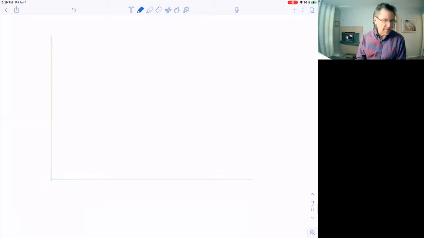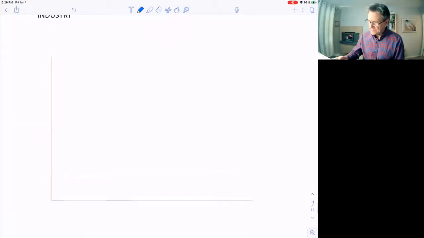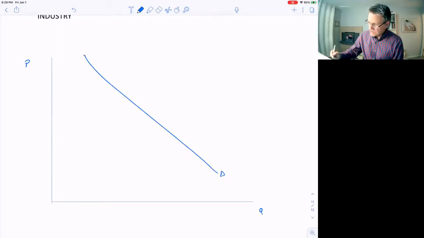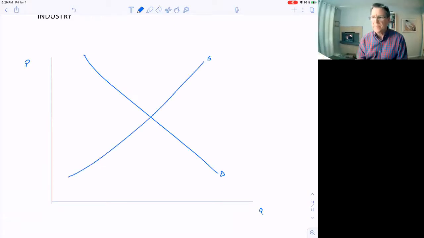So first, the short run. We will have a demand curve, downward sloping. We're going to have a supply curve that's upward sloping. And that supply curve is made up of all the firms in the industry, and they all have marginal cost curves that are upward sloping.